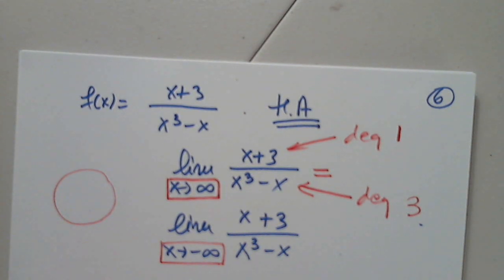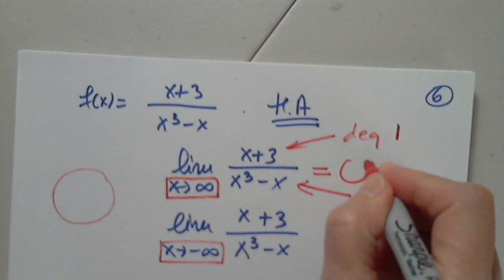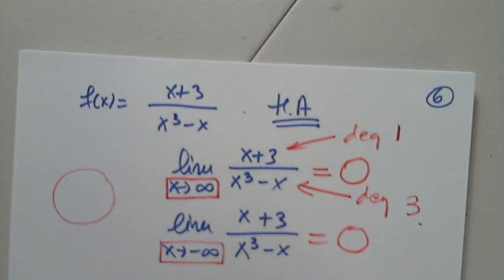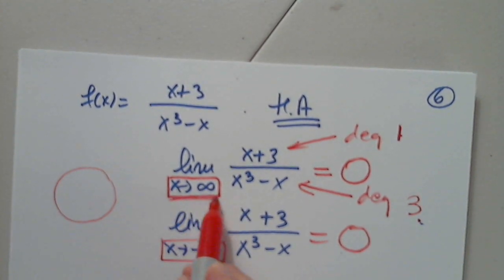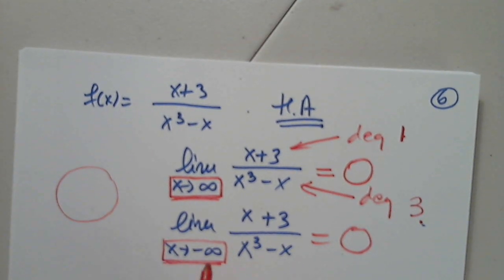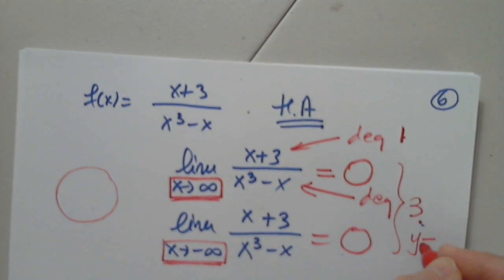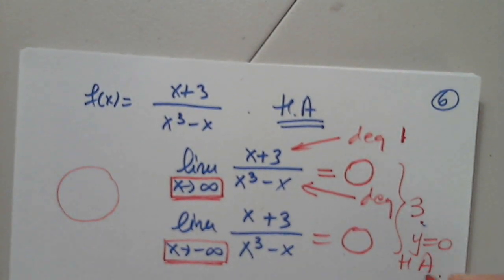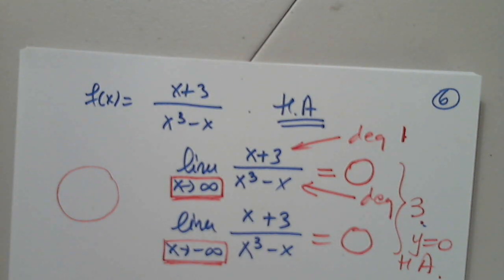I have one pie for several million people. 0. Exactly. Small divided by big when x approaches infinity or negative infinity. No other number. This is a symbol. Okay. So that means that y equals 0 is the horizontal asymptote of this function.